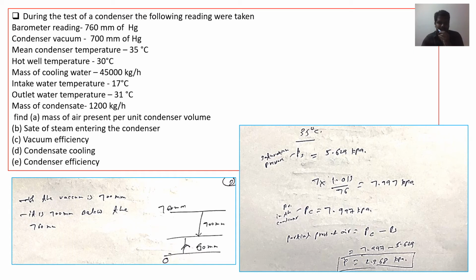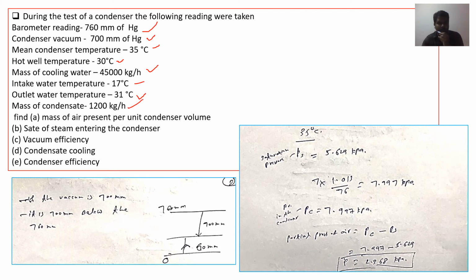Barometer reading 760 mm of Hg, condenser vacuum 700 mm of Hg, mean condenser temperature 35 degrees centigrade, hot well temperature 30 degrees centigrade, mass of cooling water 45,000 kg per hour, intake water temperature 17 degrees centigrade, outlet water temperature 31 degrees centigrade, mass of condensate 1200 kg per hour.